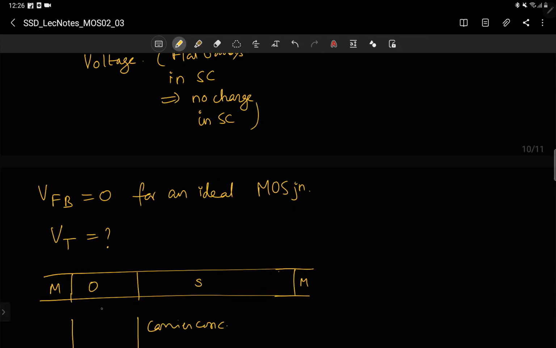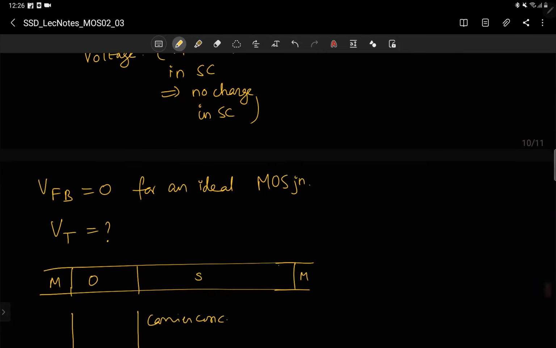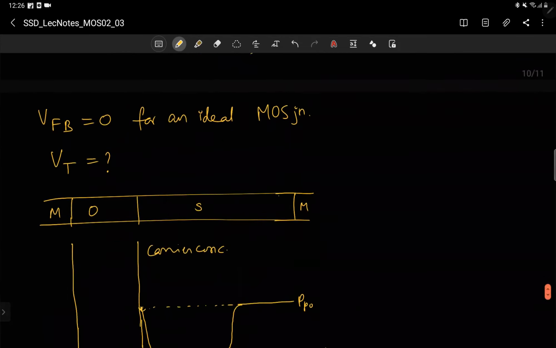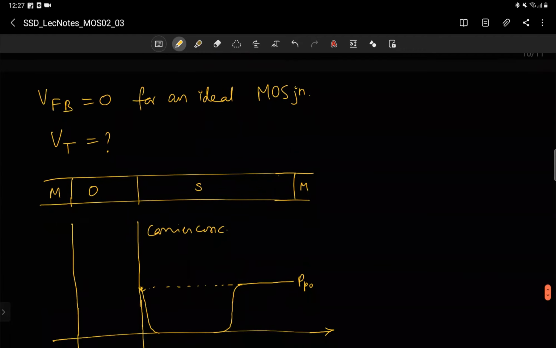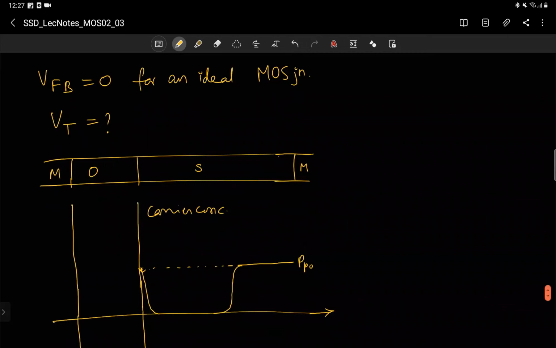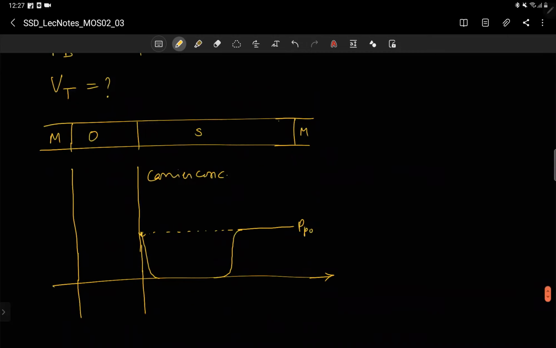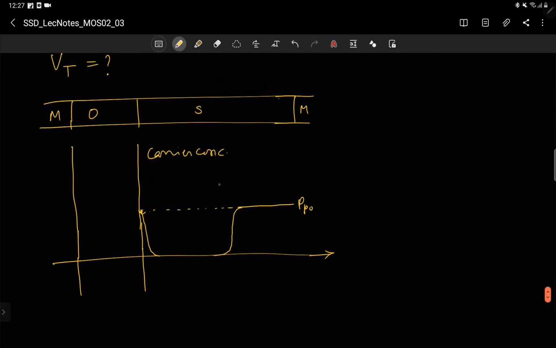And what is VT now? That is what we have to derive. So for the rest of this lecture, we will derive an expression for VT. A little math and physics. So this is how we have the MOS, and VT is what we are going to derive. We are going to consider profile 4.